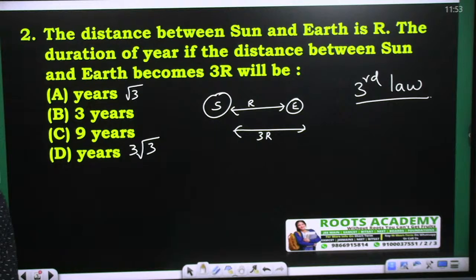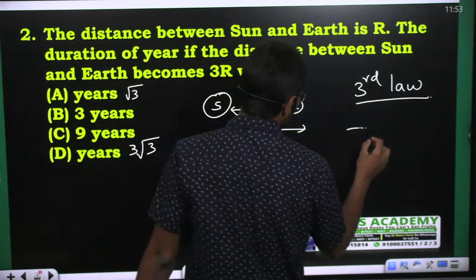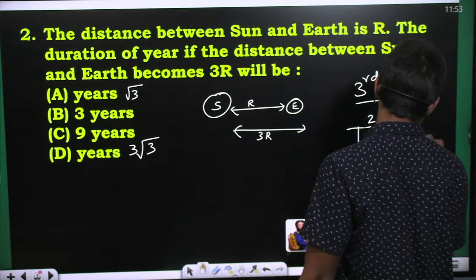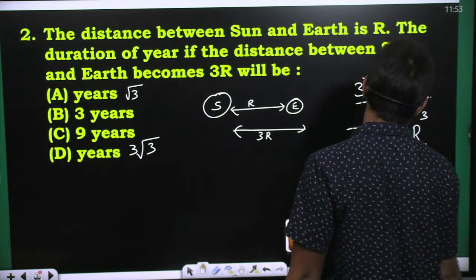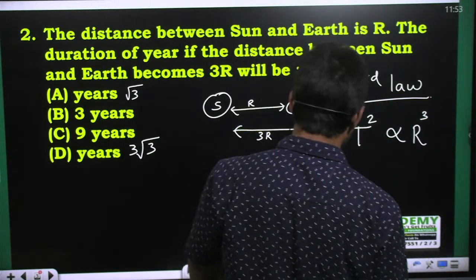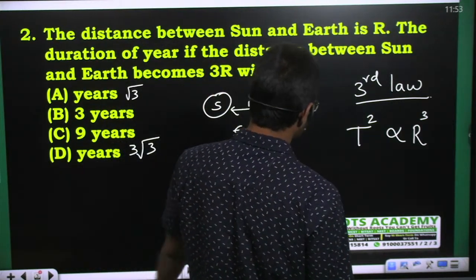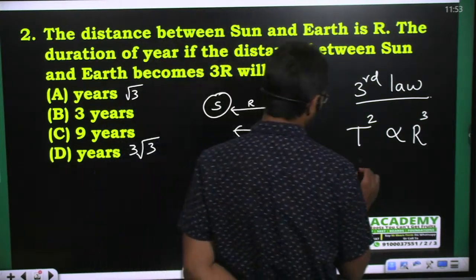So Kepler's third law says that T square is proportional to the cube of the distance between two objects. The square of the time period is proportional to the cube of the distance.